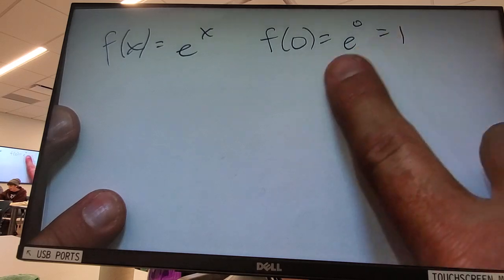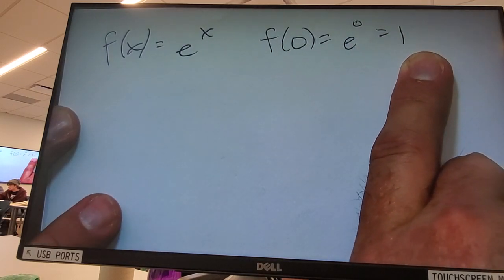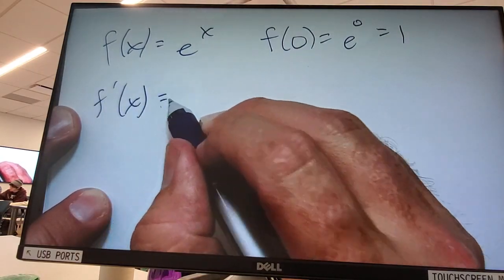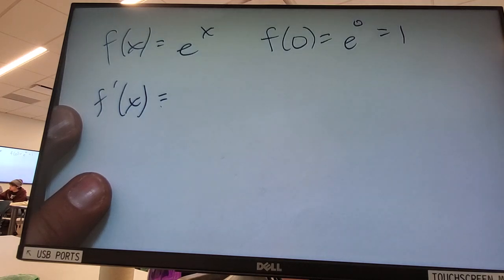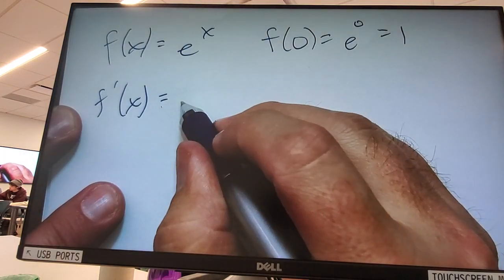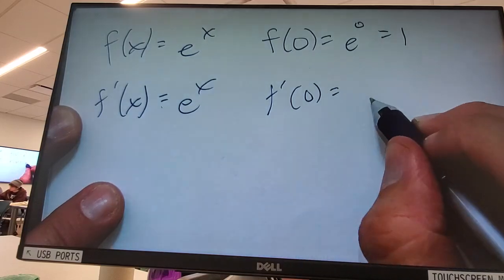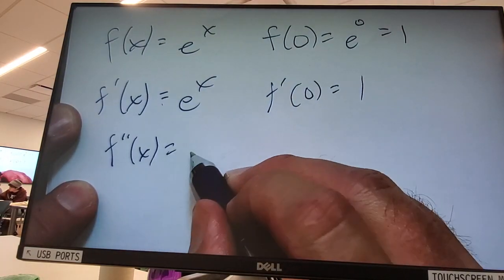So be very careful, of course, f of 0 is 1, right? Now, listen, if you're having any trouble with your derivatives, that's a major problem. What's f prime? e to the x. So what's f prime of 0? 1. What's f double prime of x?